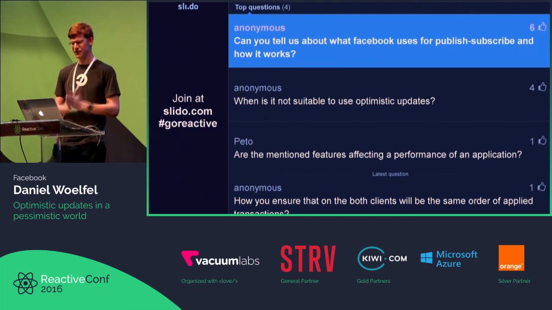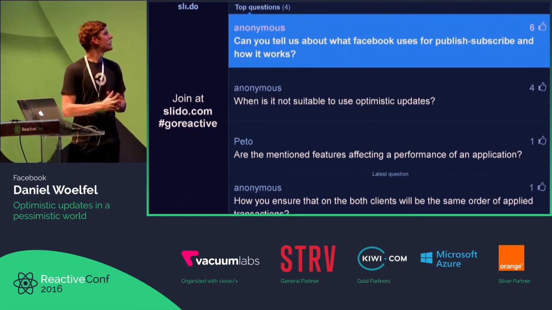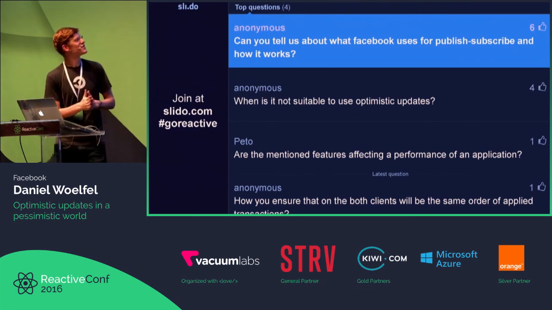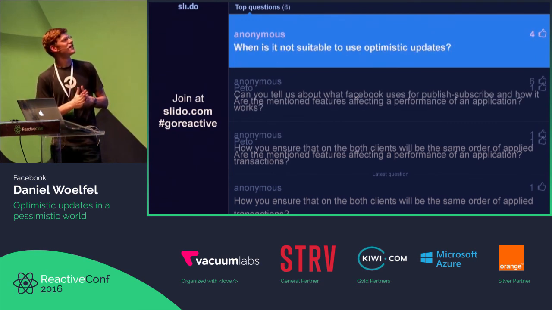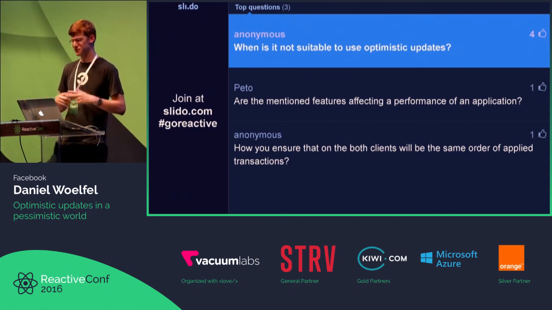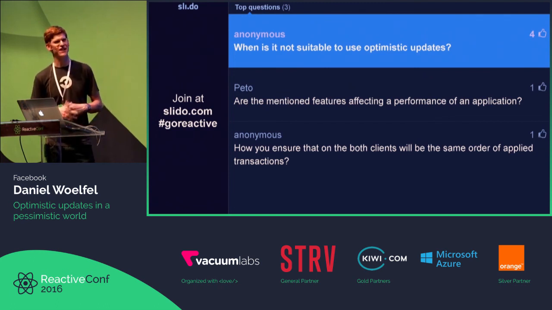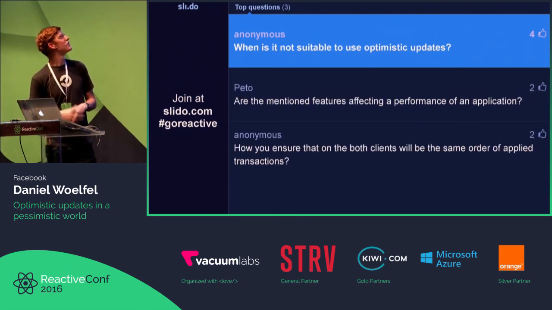I'm not sure what I'm allowed to talk about and what I'm not. The next one. So when is it not suitable? I don't know. I'm sure there are cases, but I can't think of one off the top of my head. You would just have to handle those with a separate piece of state and not use your normal database.